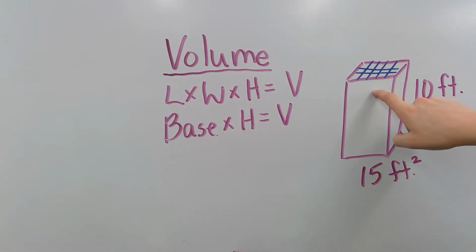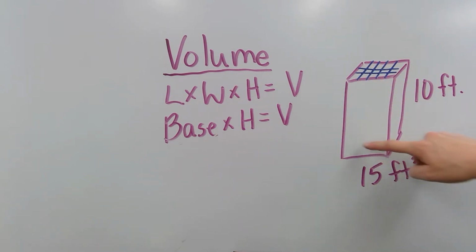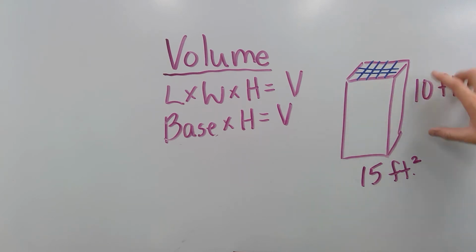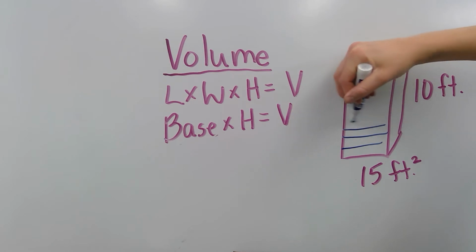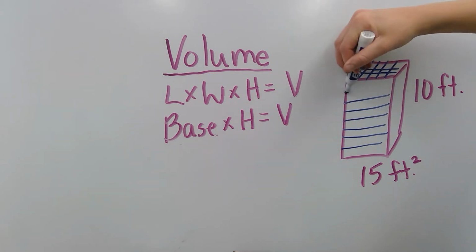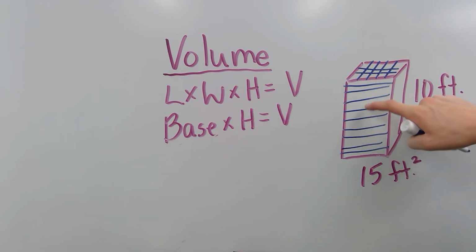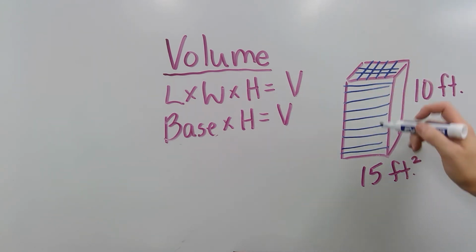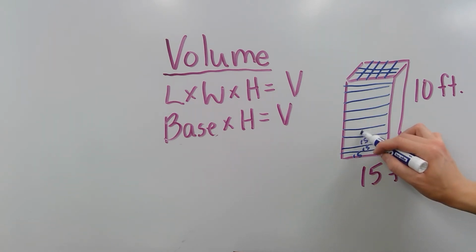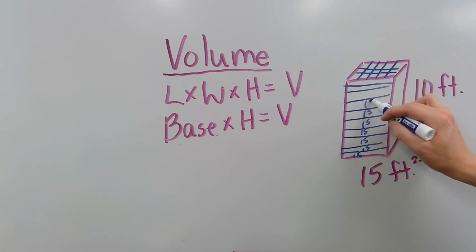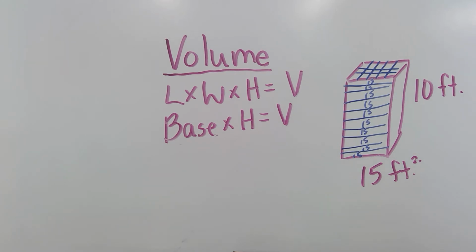But we know that I'm not just going to have 15 on the top or the bottom. I've got 15 on each and every level. Because it's 10 feet tall, I'm going to have 10 levels. One, two, three, 4, 5, 6, 7, 8, 9, 10. We've got 10 levels. On the bottom level, there's 15. 15 squares on each level, or cubes, 15 cubes on each level.